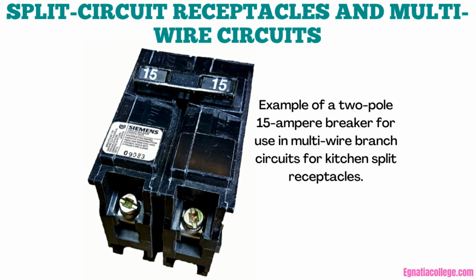Split or 20-ampere T-slot receptacles are mandatory along the countertop in the kitchen, Rule 26-724. These must be arranged so that no more than 2 receptacles are on a circuit. Any receptacle within 1.5 m of the sink must be a GFCI receptacle or GFCI protected.